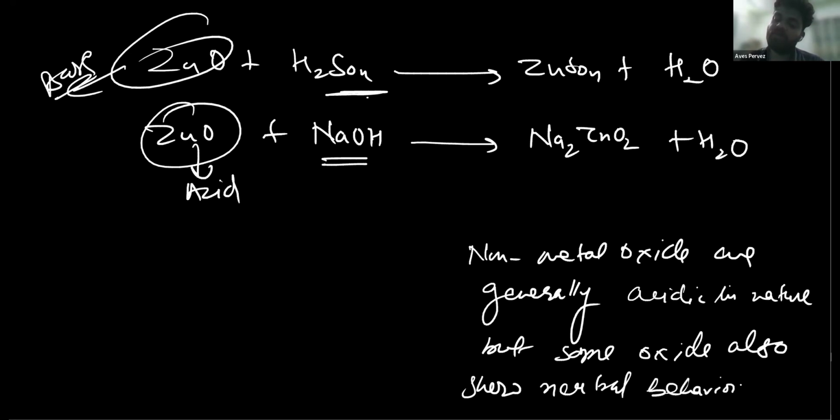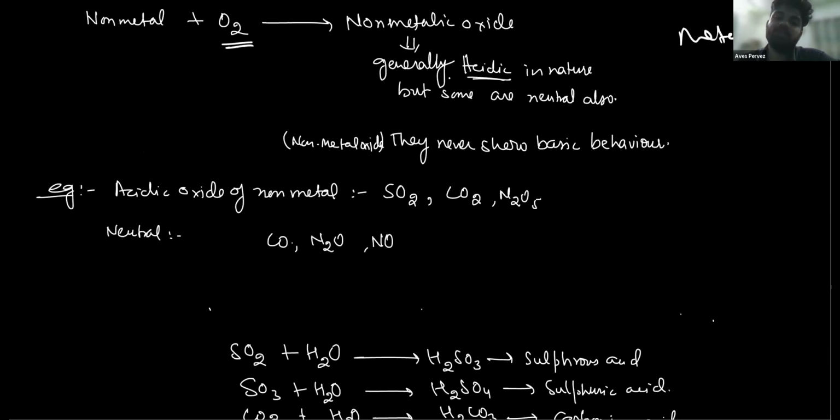But they never form basic oxides. Metals can form both acidic and basic oxides, but non-metals do not form basic oxides. Got my point? They generally form acidic oxides, they are acidic in nature, but some are neutral also.